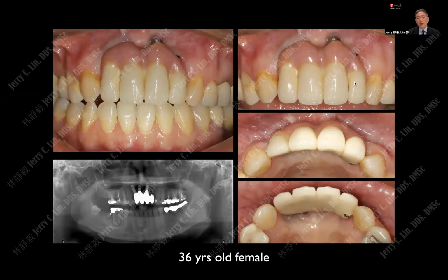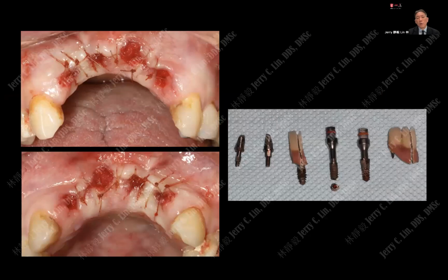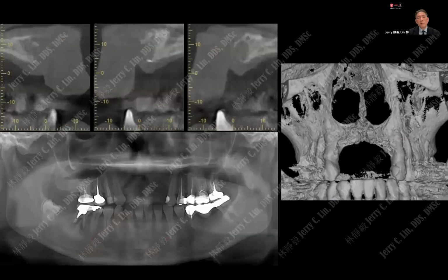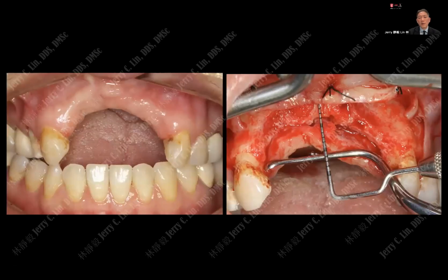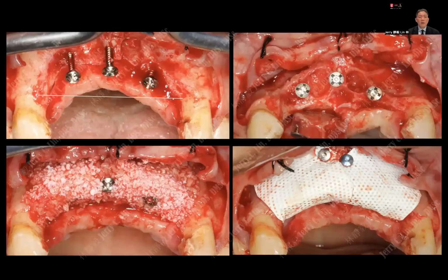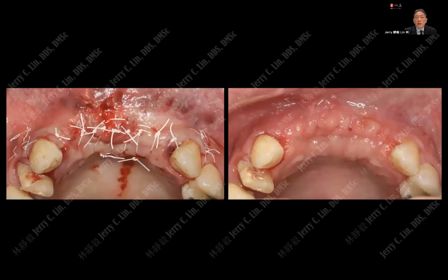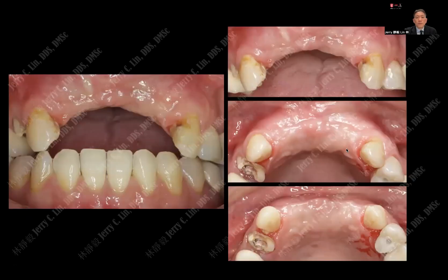We removed the failing implants, leaving a very massive bone destruction. The deepest part is about 15 millimeters, and this is about 11 in the center. So I used a tenting screw technique and bone grafting with a non-resorbable membrane, and covered it with primary closure.